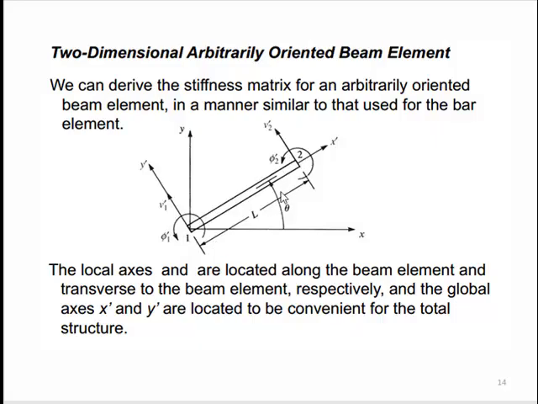The length of the element is L. The local axes are located along the beam element and transverse to the beam element respectively, and the global axes, x and y, not x prime and y prime, are located to be convenient for the total structure.